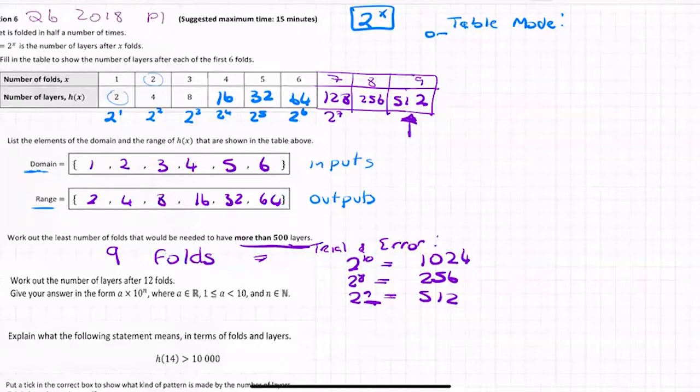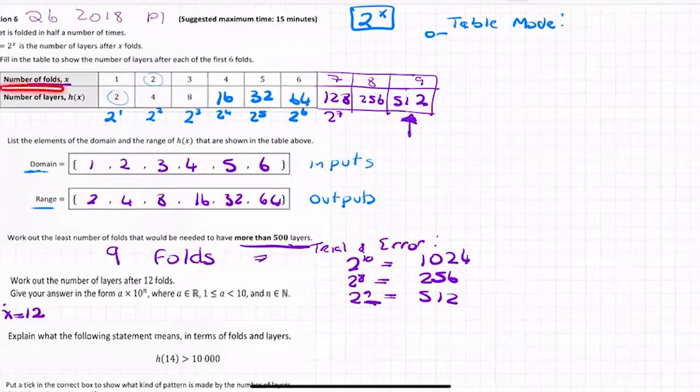Work out the number of layers after 12 folds. Give your answer in the form a by 10 to the n, where a is an element of the reals and a sits between 1 and 10. Okay, so work out the number of layers after 12 folds. Well, 12 folds, so x is 12, because isn't x the number of folds?